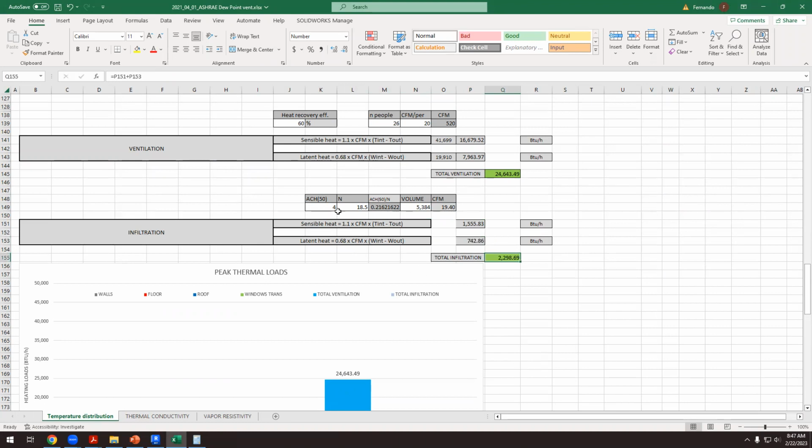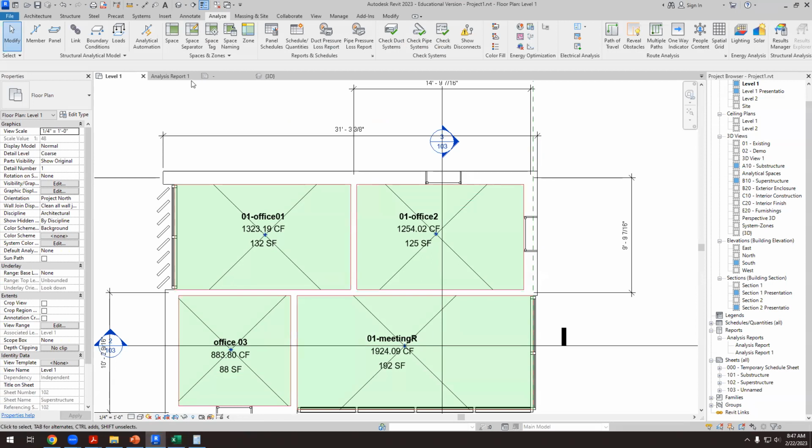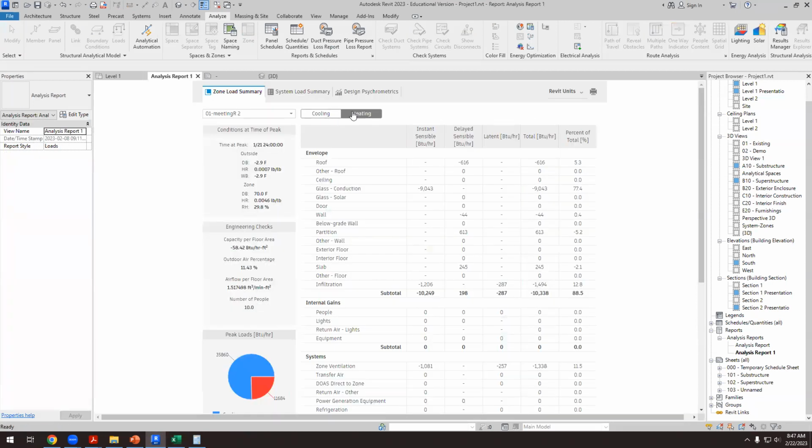In this case, with this N and the volume of the building, my infiltration load is 2,298. What is the infiltration load in Revit? In heating, it's 1,500.